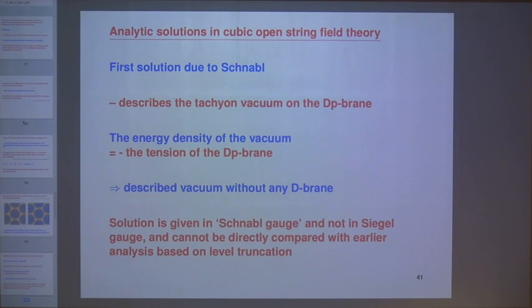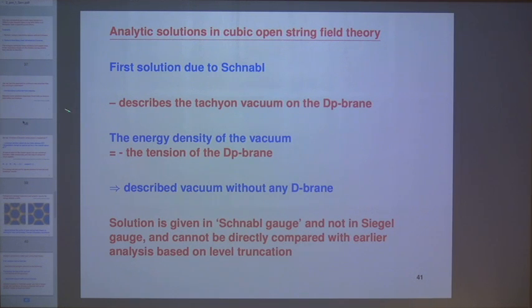So with this, let me turn to analytical solutions in cubic open string field theory. The first solution is due to Schnabel, which again goes back to 2005. This describes the tachyon vacuum on the Dp brane. This is the same vacuum that people were studying earlier with level truncation, and it was found by Martin analytically.